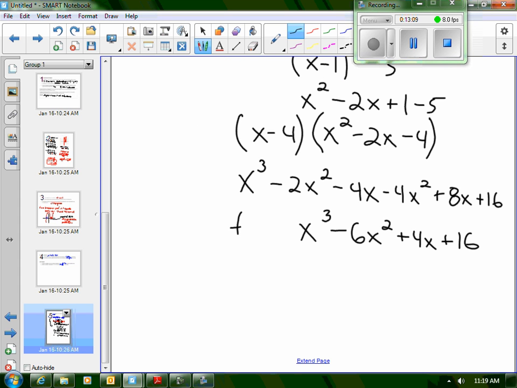So that is what your polynomial function is equal to based on being given those zeros.